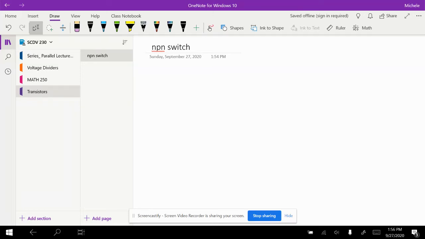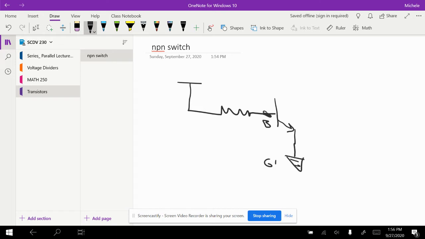In this example, I'm going to do a transistor switch. So I'm going to draw my circuit. It's going to be my base. This is ground.